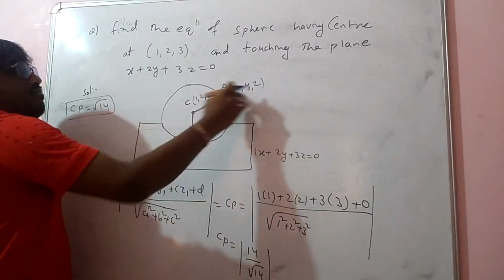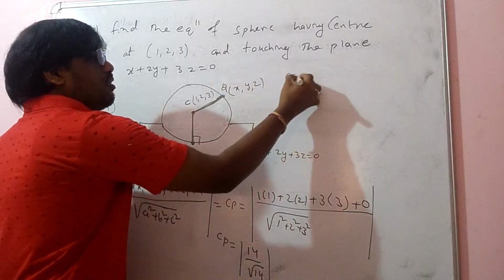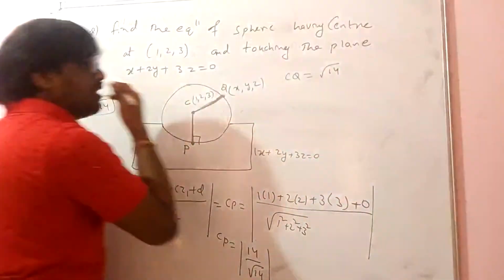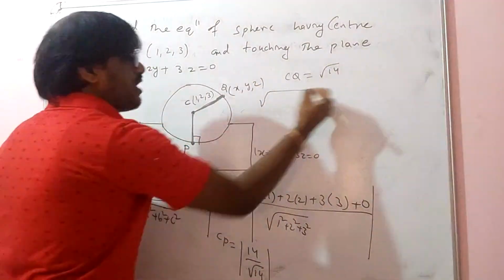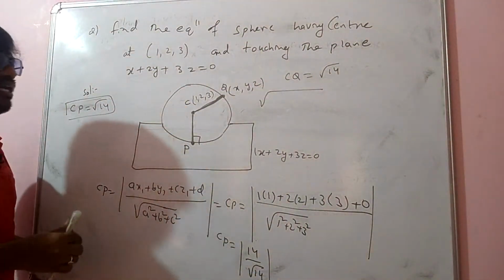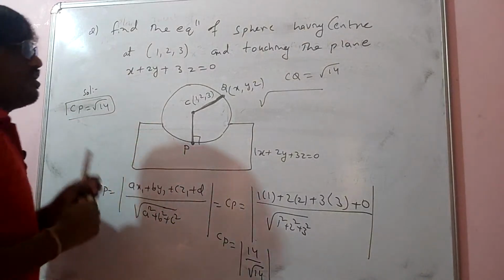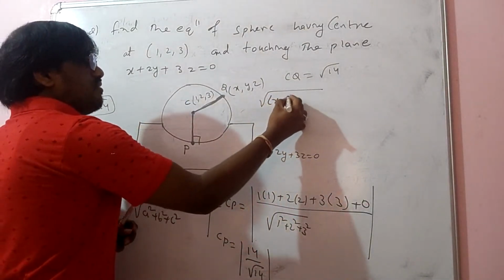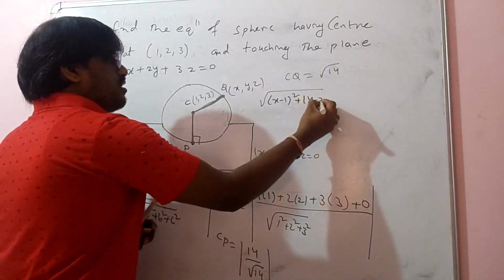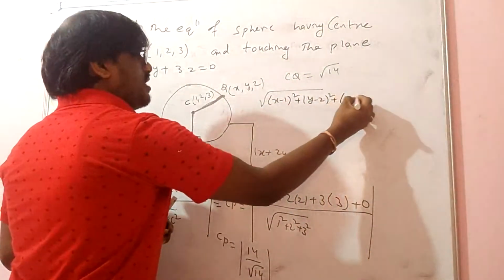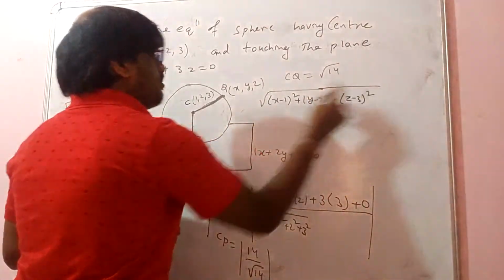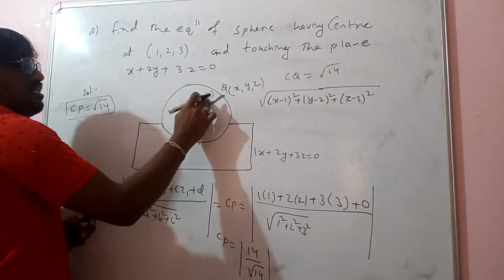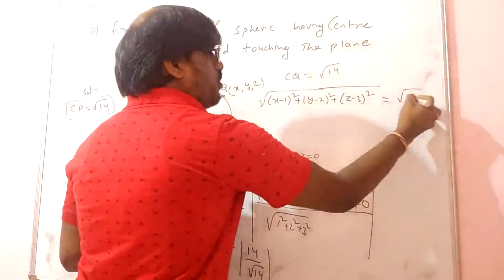So what is the distance formula for CQ? The CQ distance is root 14. CQ distance is the square root of (x minus 1) whole square plus (y minus 2) whole square plus (z minus 3) whole square, that is equal to root 14.